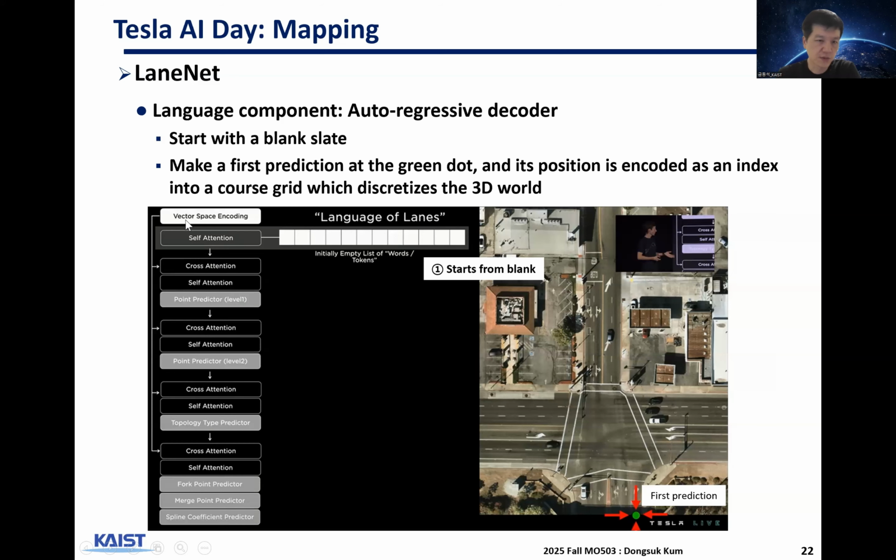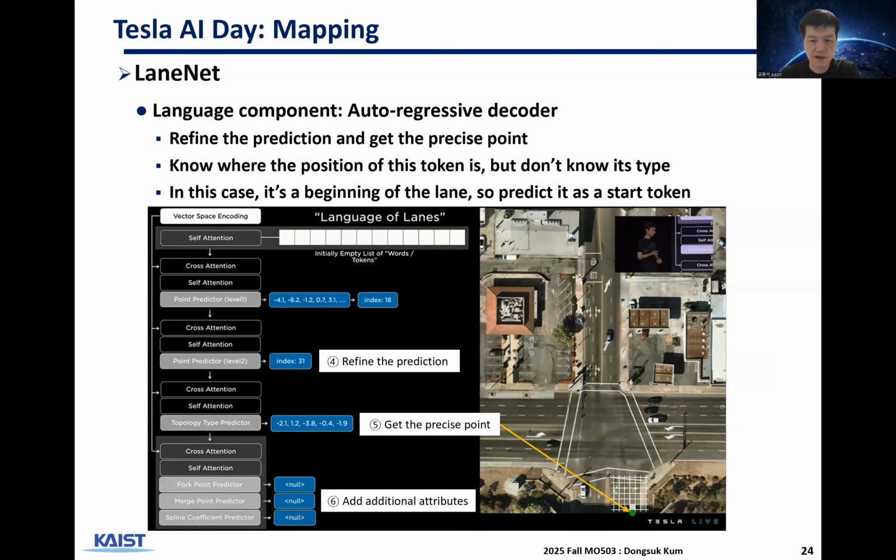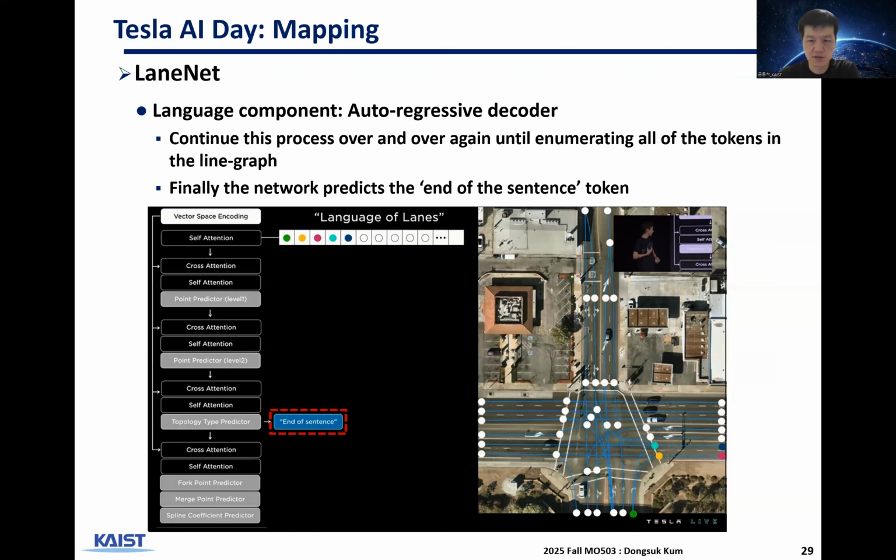It has vector space encoding, goes through cross attention and self attention to predict points, topology, fork, merge, and spline. Okay, so the final output needs to look something like this.